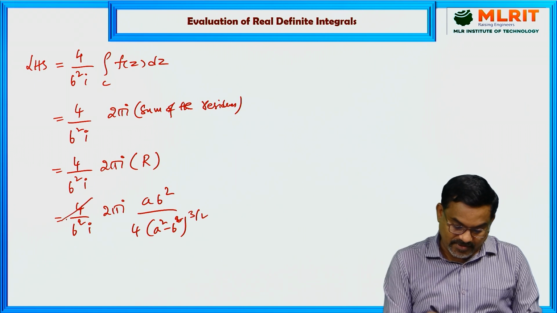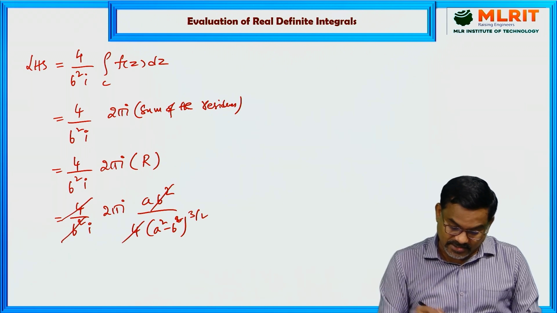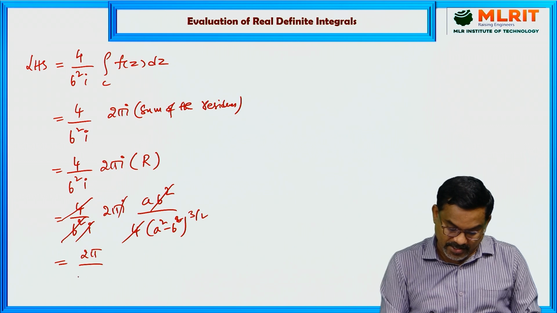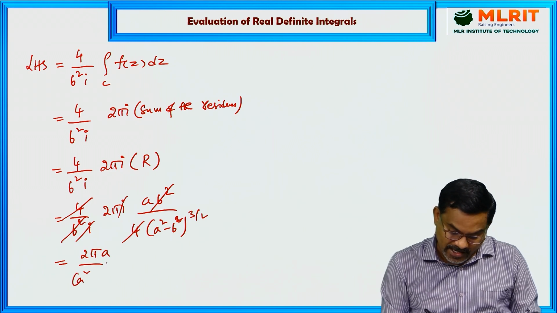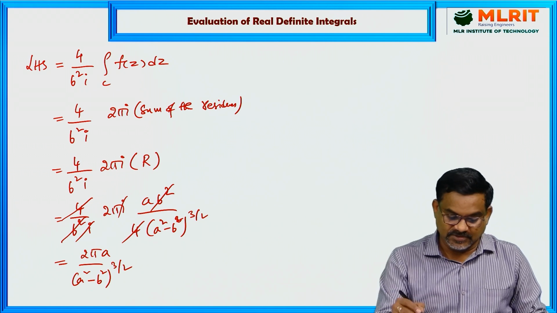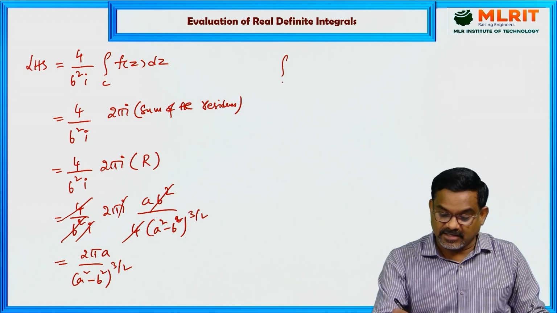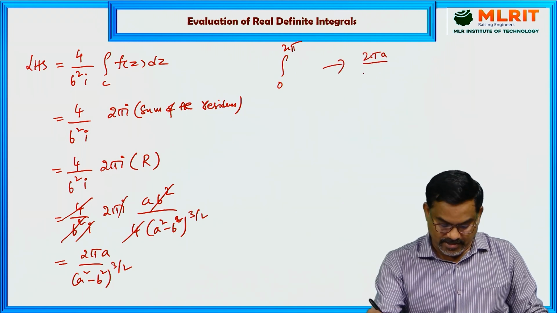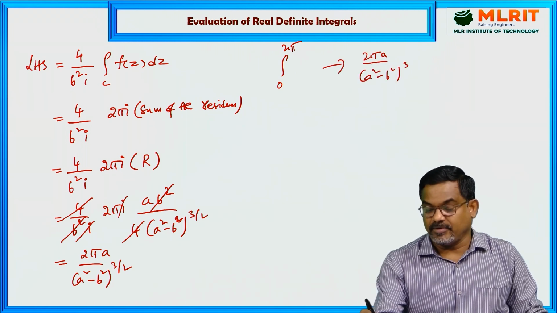So by simplifying this, b square gets cancelled, i gets cancelled, 4 gets cancelled, 2 pi a by (a square minus b square) power 3 by 2. So this we have calculated for 0 to 2 pi. 0 to 2 pi, the answer is 2 pi a by (a square minus b square) power 3 by 2.